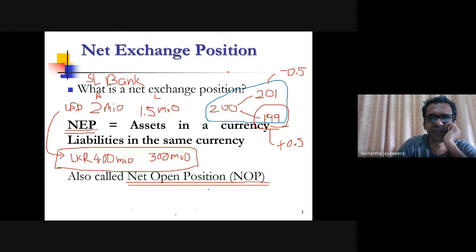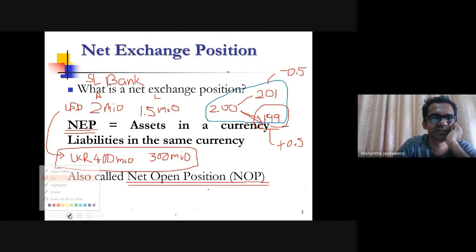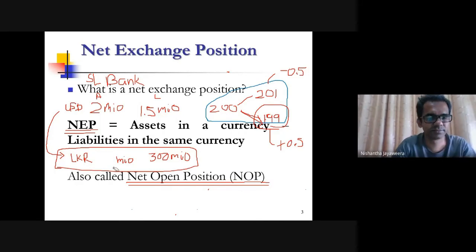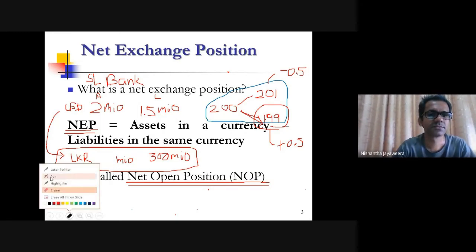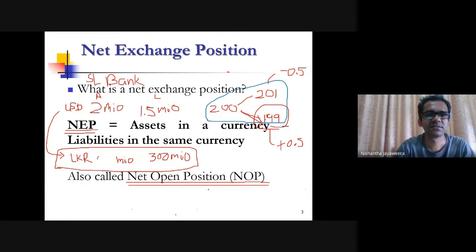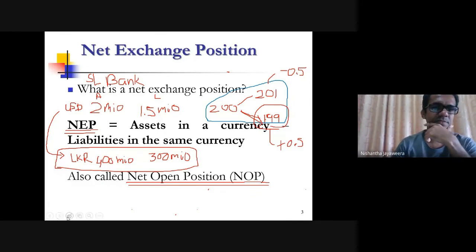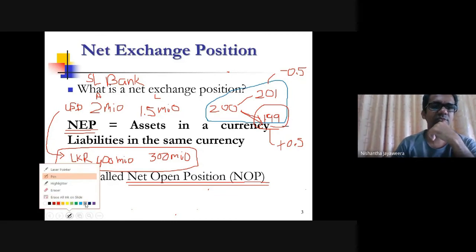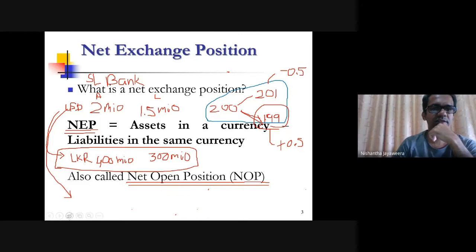If the exchange rate goes to 199, what would happen? This is when we have the exchange rate at 200. Now we assume the exchange rate moves to 199.